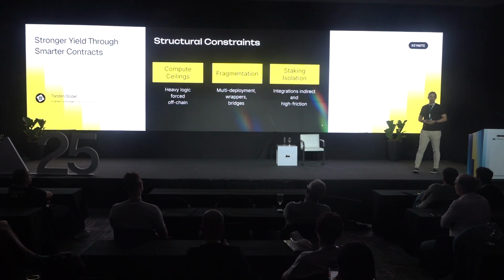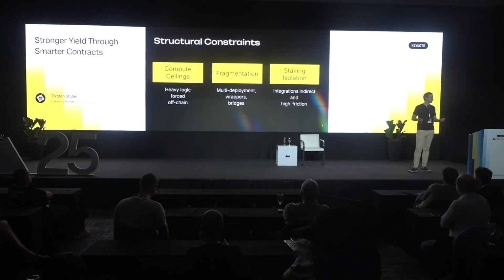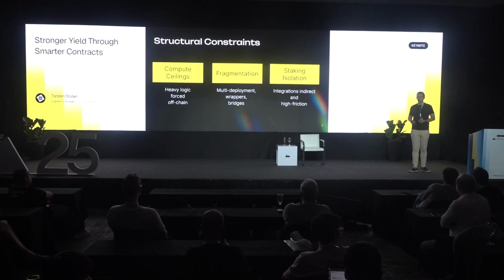Another limitation is fragmentation. If you have a strategy that needs to interact with different chains, you need to have a complex setup of different deployments, of wrappers, of bridges, and everything creates a big overhead. For example, if you just want to move collateral from one chain to another one, you already have a complex setup just for that.